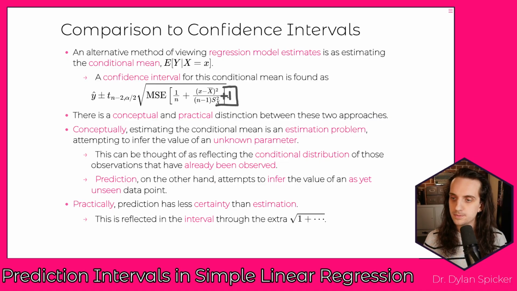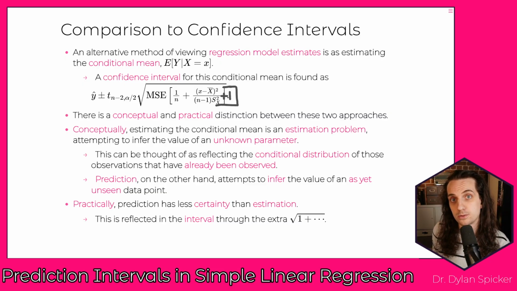Ultimately, the problems of estimating the conditional mean and predicting a value in the future are deeply related. We get the same point estimate as our point prediction, but the uncertainty around them differs. With estimation, we can be a little bit more certain, because we're reflecting an entire distribution, something we have many observations for.